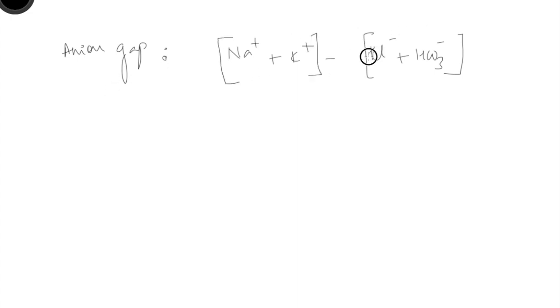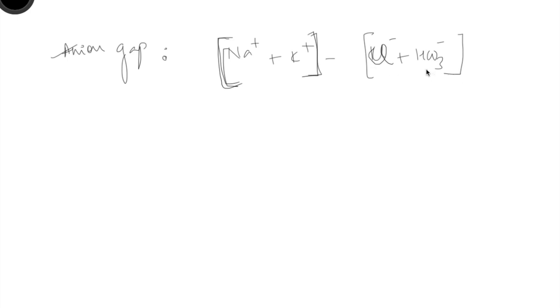Because normally in our body we have a number of anions which cannot be measured, because they will be bound to proteins, but your cations can be easily measured. So that's why we take cations minus anions, and hence though it's not called cation gap, it's called anion gap. Fine. So this is the formula.